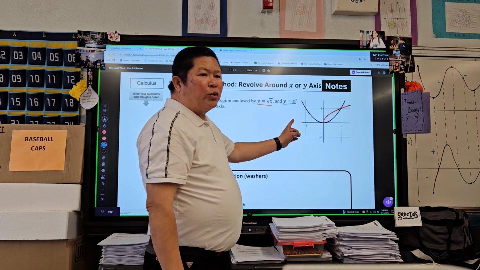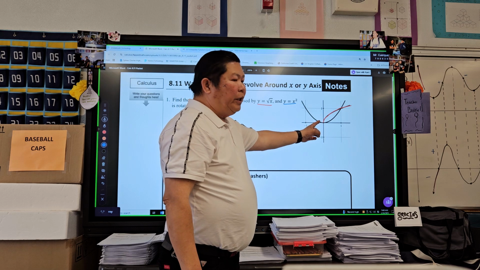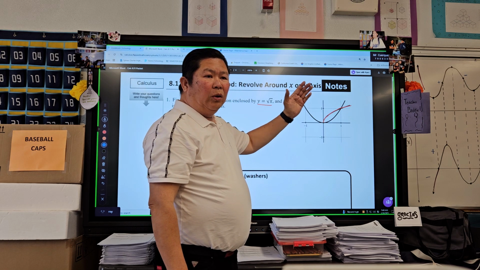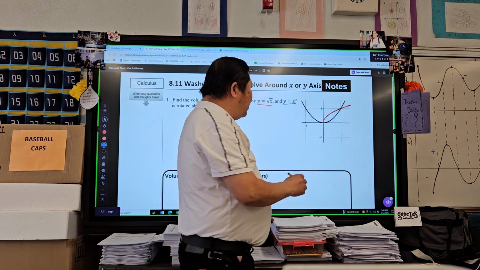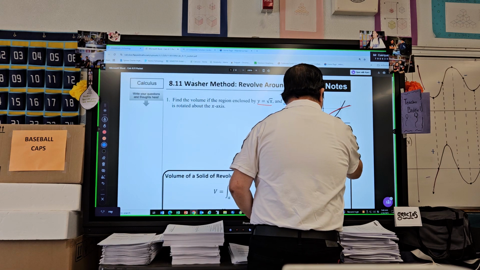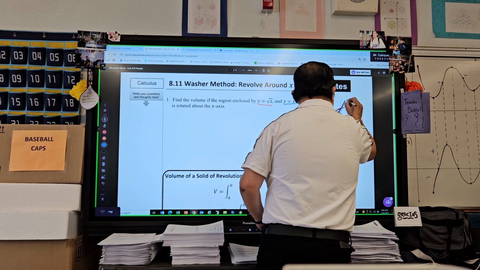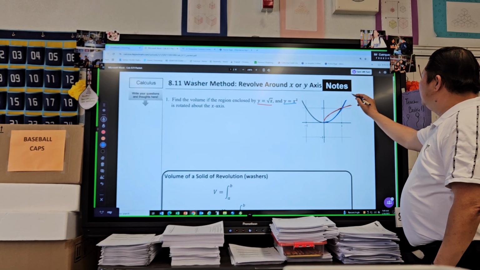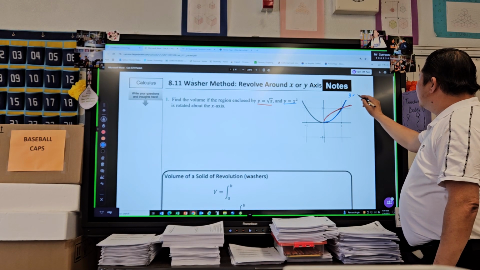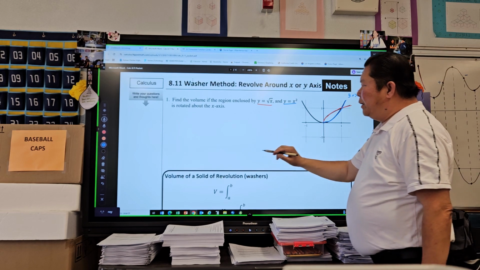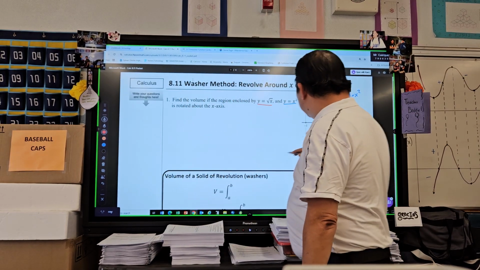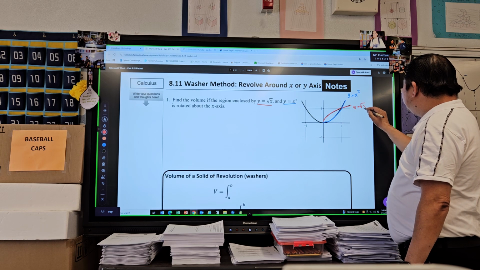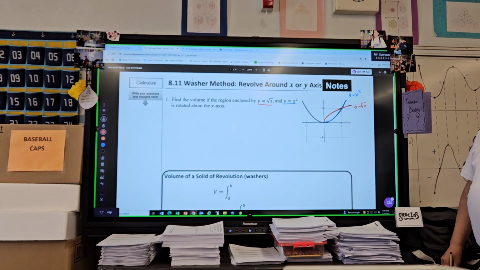So I'm gonna trace only, change the color only on the first quadrant, because this is the one that we're gonna revolve. Okay, so we have this blue color as y equals x squared, and the red color is y equals square root of x.